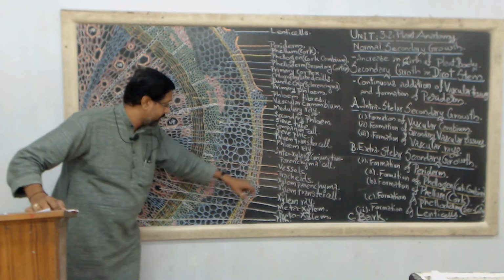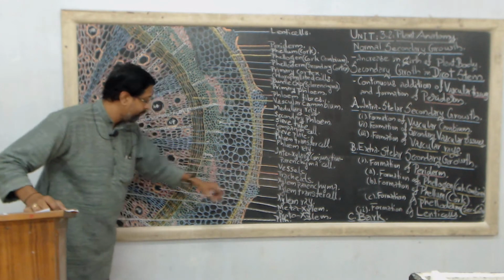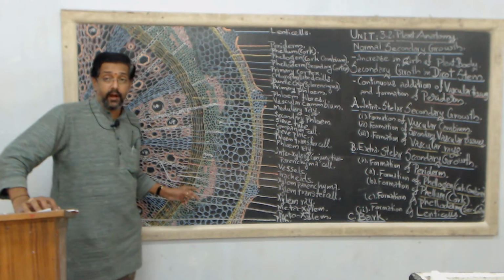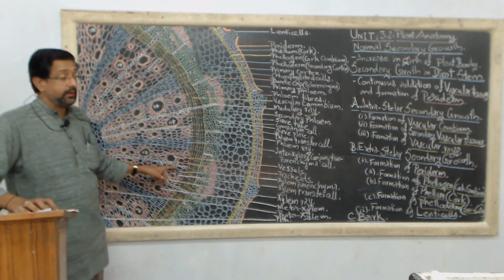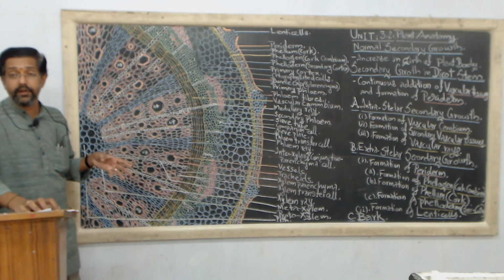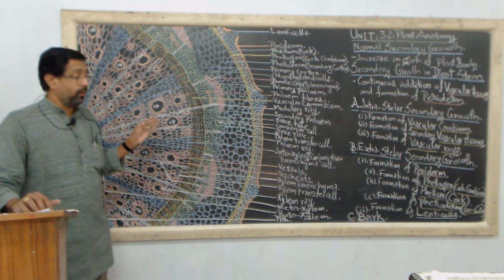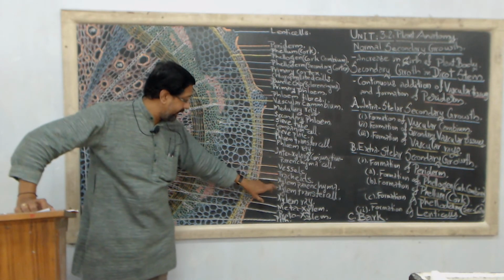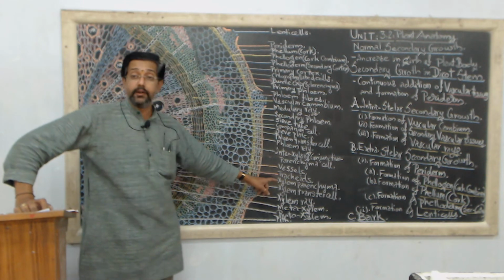The secondary xylem also contains xylem parenchyma, xylem transverse cells, and it forms the xylem fibers. So all the derivatives derived during secondary growth in this complex vascular element, the xylem, are tracheids, xylem parenchyma, xylem transverse cells and xylem fibers.